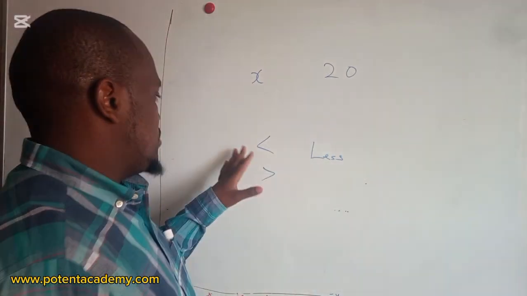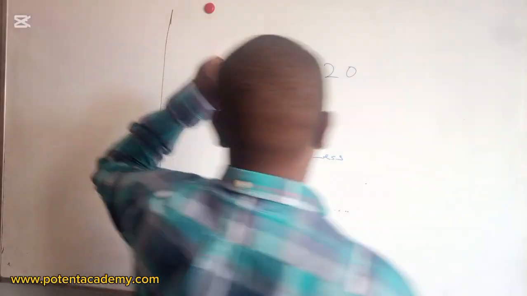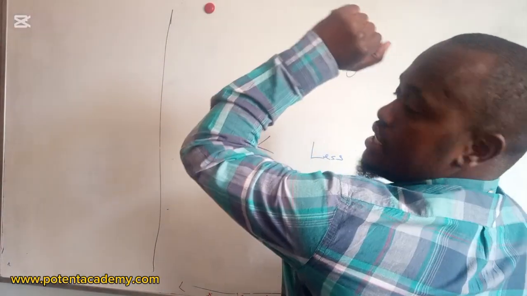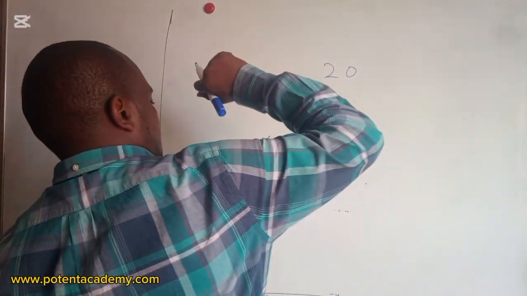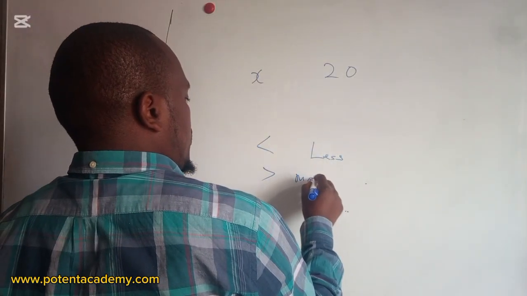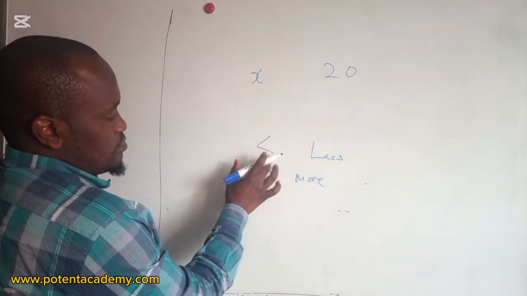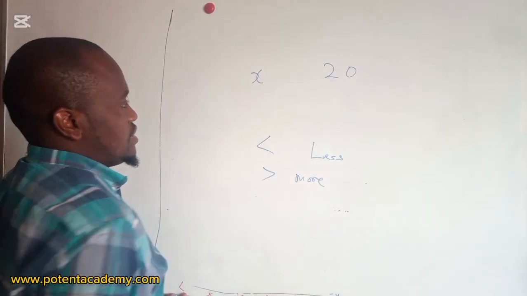When you are looking at it, the left hand forms the less sign. Others will tell you the right hand forms the more. However, you can also look at it from this inverted L is less.